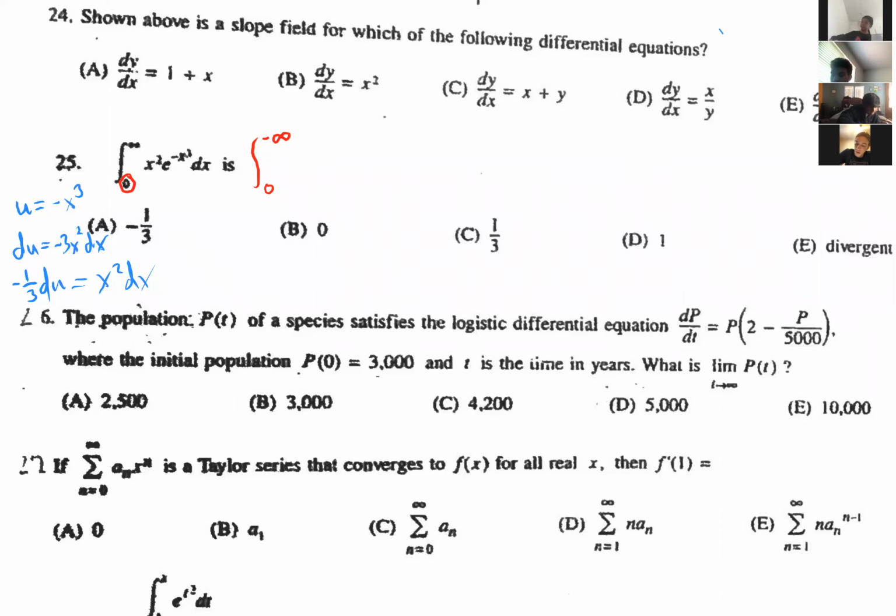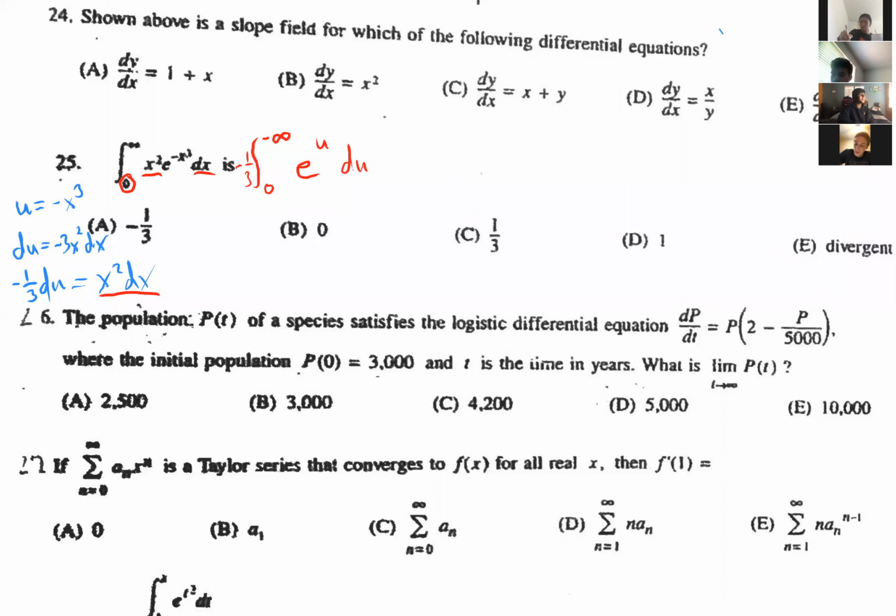So I'm going to write this now as e to the u. Instead of x squared dx, I can substitute that with a negative 1/3 du. So I'll pull out a negative 1/3, and I'll put my du here. So everything now is in terms of u.